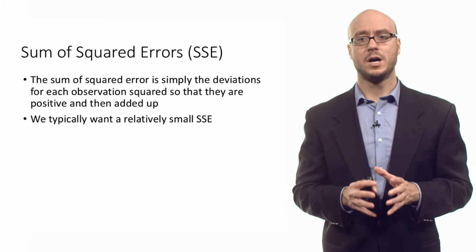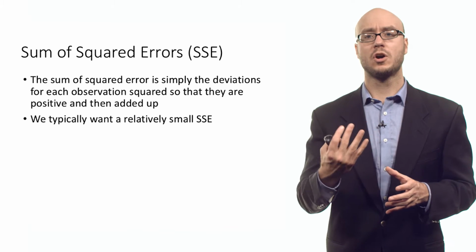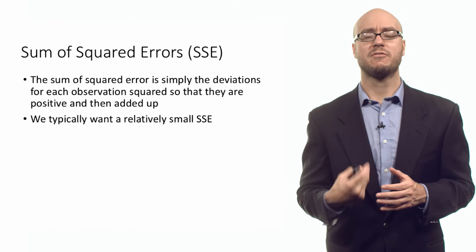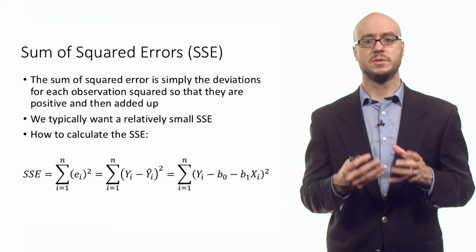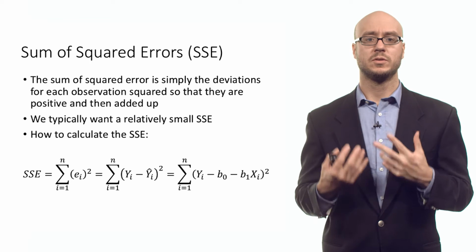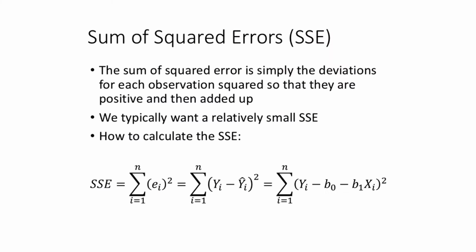And we typically want a relatively small sum of squared errors. We don't want our line to be that far off from our raw values. Well, how do we calculate the sum of the squared errors? This is using the sigma notation that we described earlier. We simply take each residual, we square it, and we add them all up for each row, for each observation.